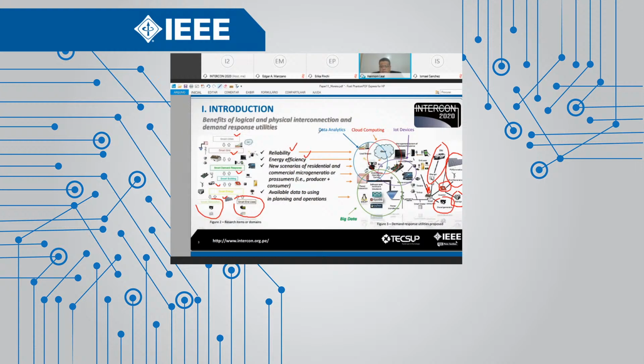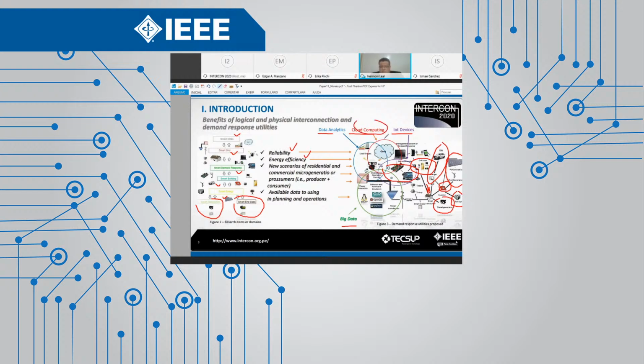To apply these new technologies like data analytics, cloud computing, and IoT devices, for example big data, we can use microcontrollers to control the end users and the load in residential or industrial consumers. This data obtained on site we can send to cloud computing, right?